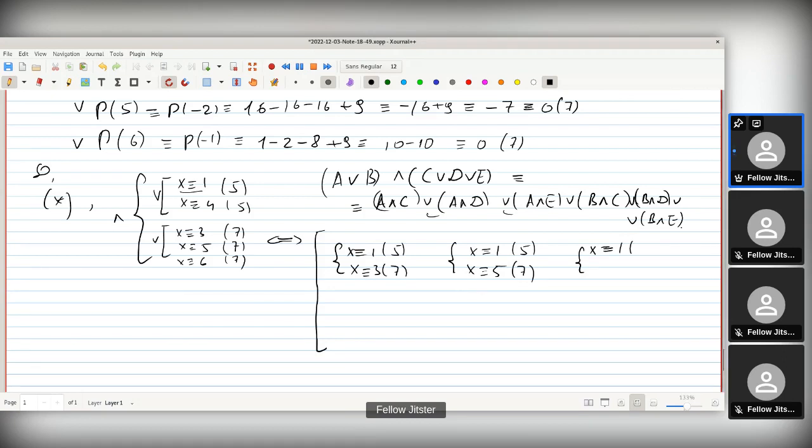X is 1 modulo 5, x is 6 modulo 7. And all the same, but for the other remainder modulo 5. Fourth, it is minus 1.